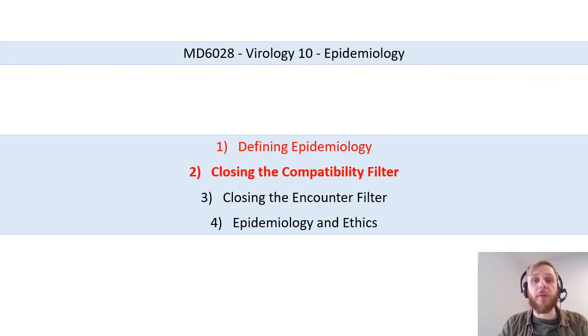So we looked at some of the other factors that can impact compatibility, and we tried to break down this idea that everyone is immunologically exactly the same, because clearly that's not the case. Clearly there's other things going on. We have to think about behavior, we have to think about genetic variation, and we have to think about age, and these are some of the things that we've explored today.